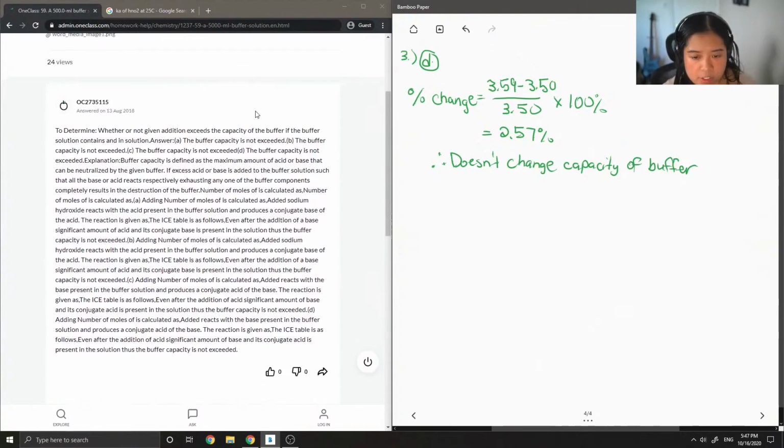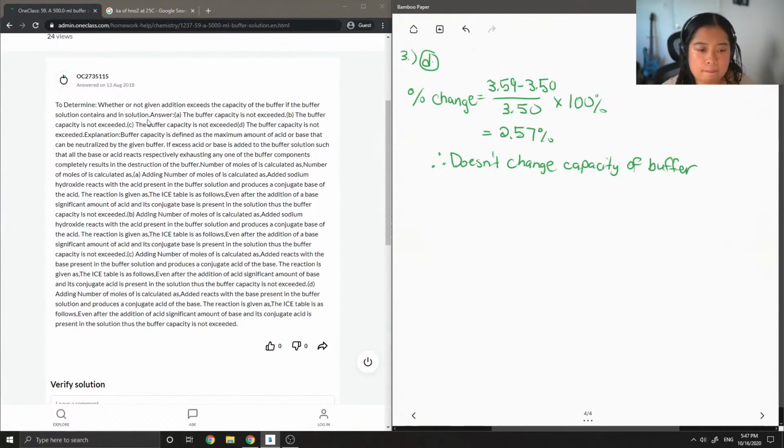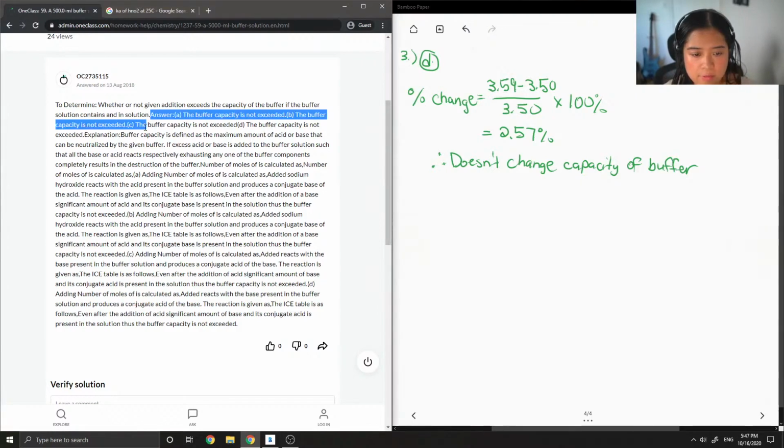So let's see what the junior tutor wrote. Whether or not a given addition exceeds the capacity of the buffer solution. So here, for all of them, I'm assuming it just doesn't exceed the capacity for all four.